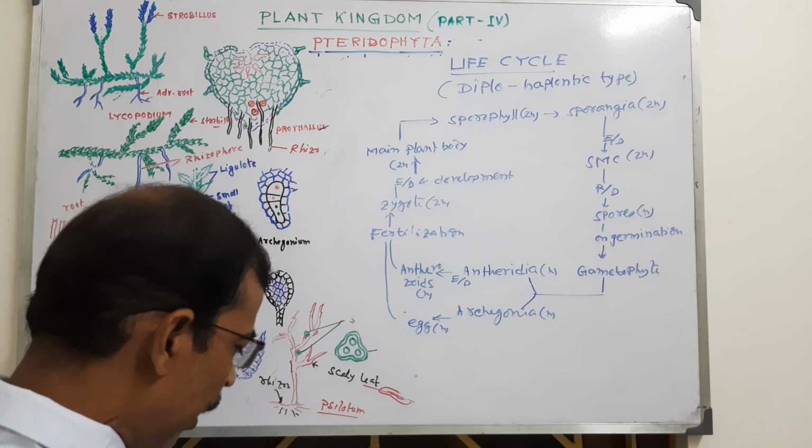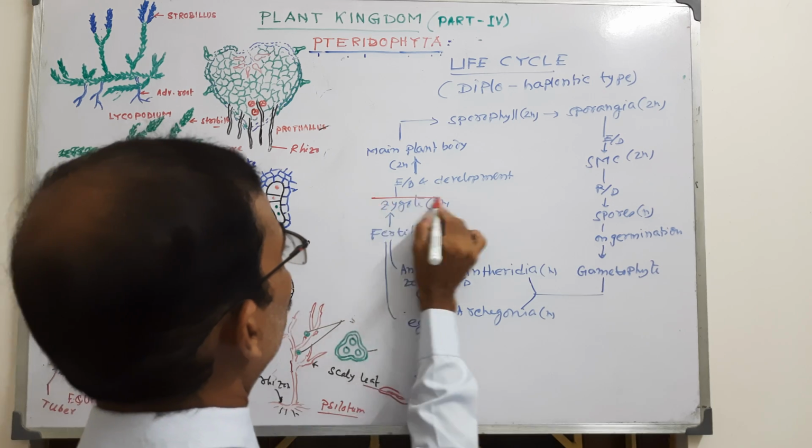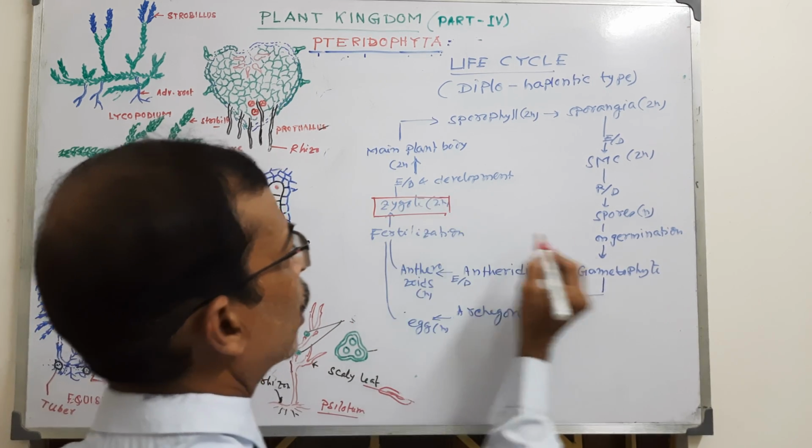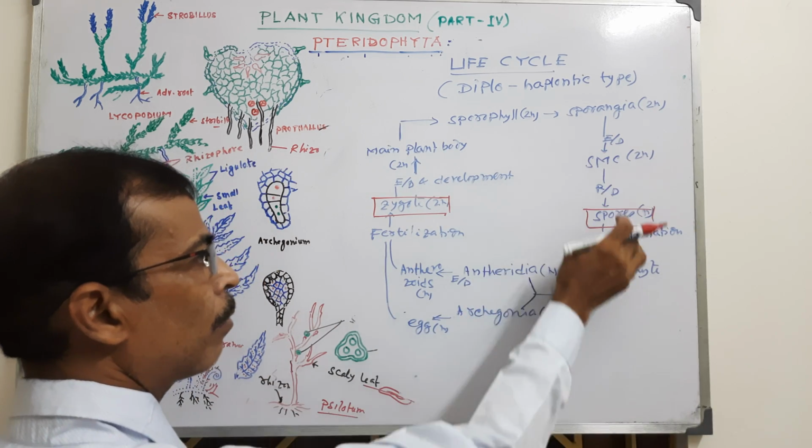Look here, I have termed two special terms, that is zygote and spore. These are very important. Spore is the first cell of the gametophyte.